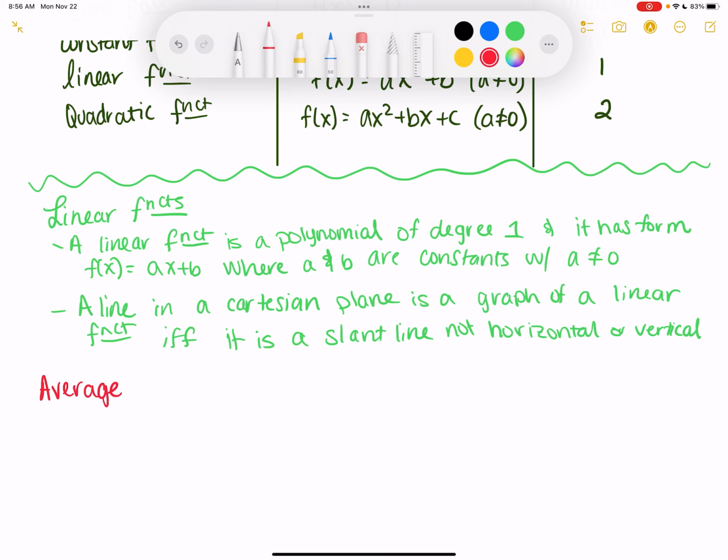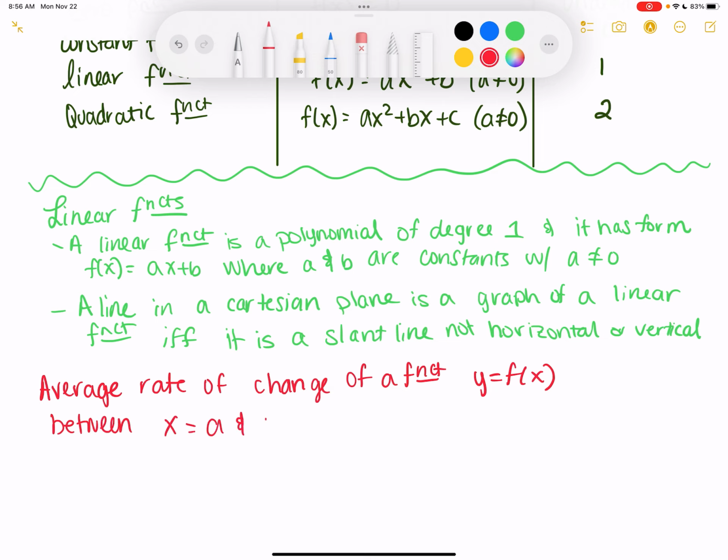Average rate of change of a function y equals f of x between x is equal to a and x is equal to b, assuming a is not equal to b, is f of b minus f of a all over b minus a.